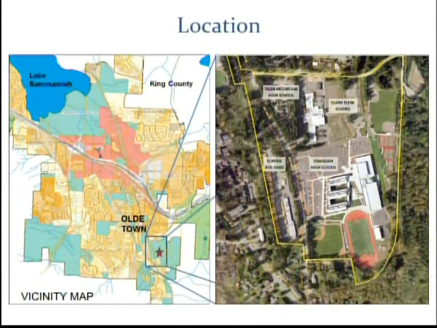So a little background for the sake of the audience, especially those who did not see the first presentation. The site for this new middle school is going in basically in what is currently the Issaquah High School and the Clark Middle School campus.